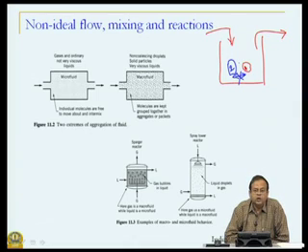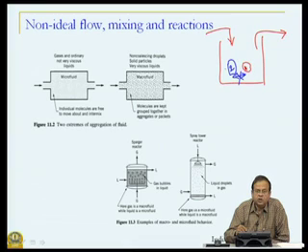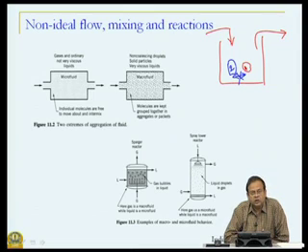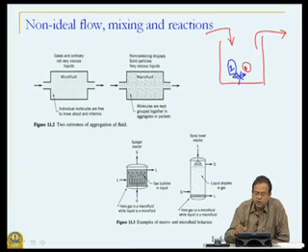So, there is no interaction between these fluid elements, and this is a situation of what we call complete segregation. The other extreme is maximum mixedness, that is, these fluid elements interact with each other as soon as they come into contact with each other. So, the fluid element which has come inside will mix with the other fluid elements and then leave the reactor.